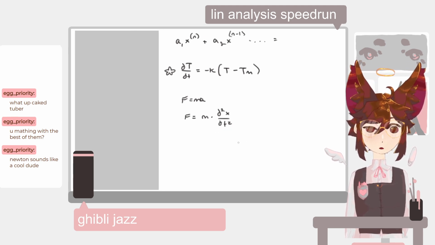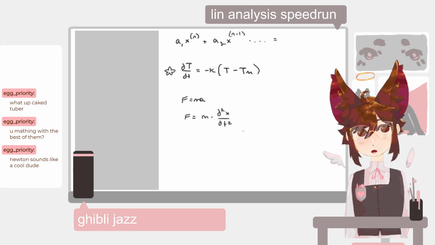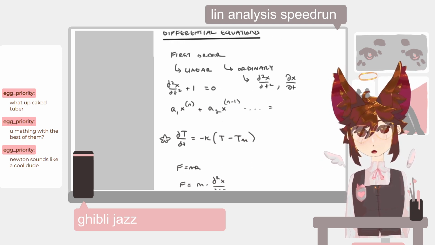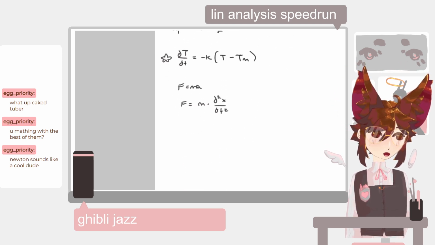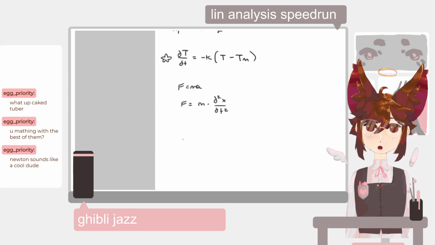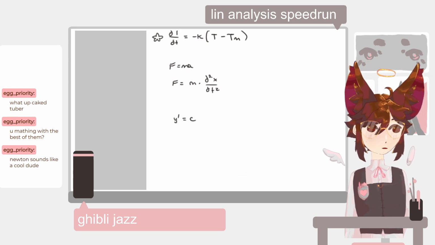So let's talk about how to solve differential equations, right? We can solve some differential equations. It can't be that hard, right? Like, what if we just had y prime equals a constant? How do we solve that?